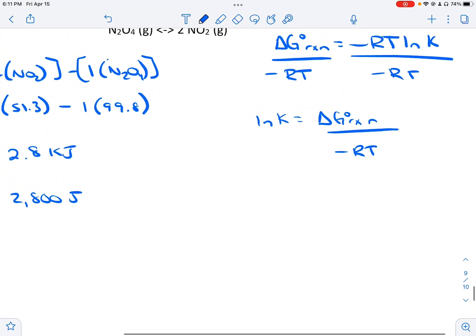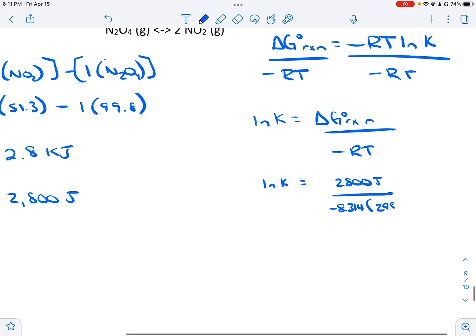So ln of K is equal to 2,800 joules over negative 8.314 times our temperature, which is 298. They've been real nice with us and doing that. All right, so we're going to get ln of K is equal to negative 1.13.